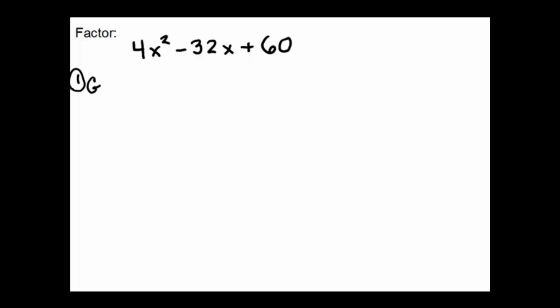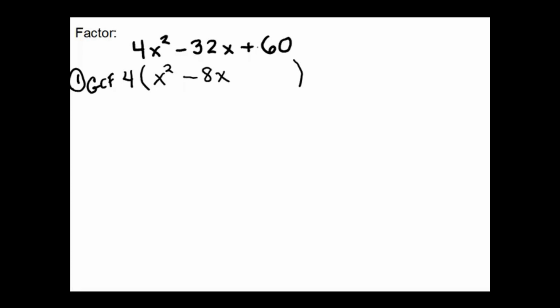We'll take out the GCF. And so the 4 is the common factor. It will go on the outside, one big set of parentheses. And then we'll see what's missing. So 4, to get back here, we're missing the x squared. For the second term, we need a minus 8x.